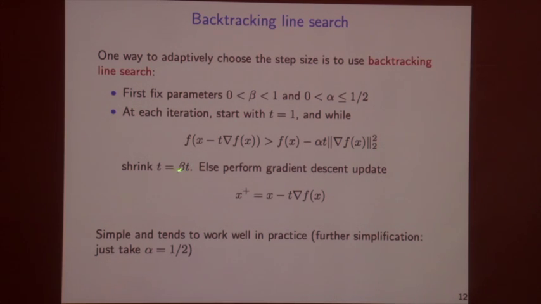So you see that beta is basically telling you how fast you're shrinking your step size at each backtracking iteration. So a larger beta means it's probably taking a little bit more to locate the step size that is actually making this condition fail, whereas a smaller beta is shrinking t faster.